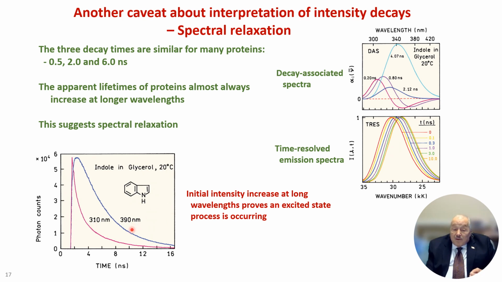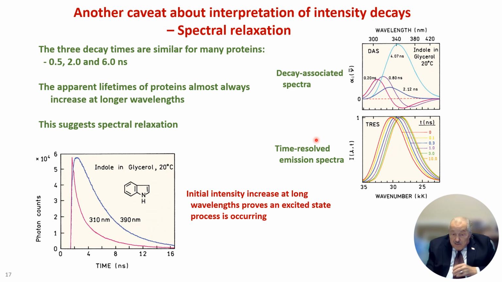On the long wavelength side, we do see a rise time before decay, and that meant it took time for the initially excited fluorophore to get over to the longer wavelengths, emitting at 390 nanometers.